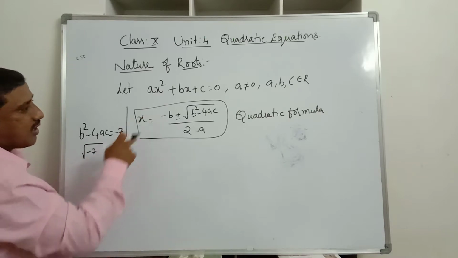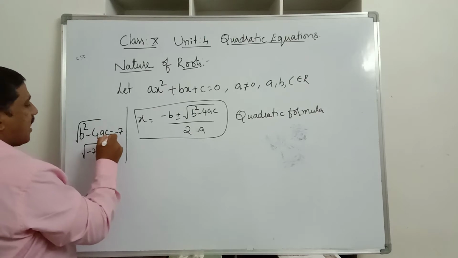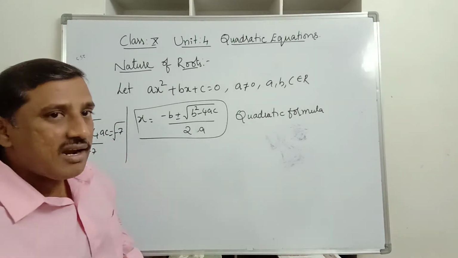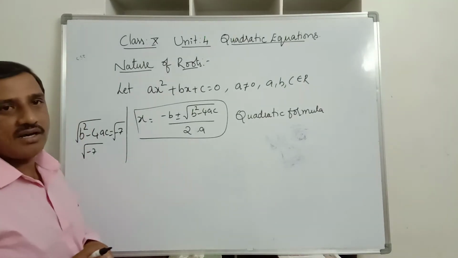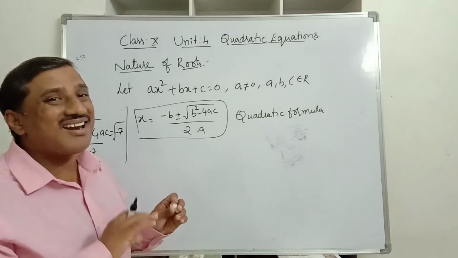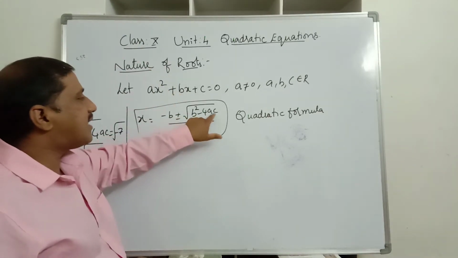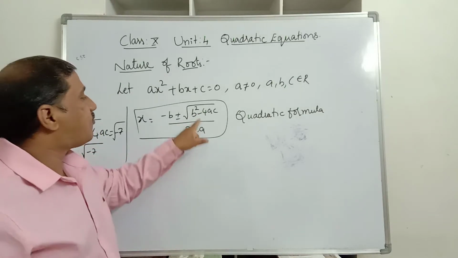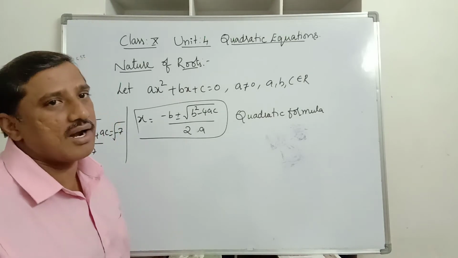Square roots of negative numbers give us non-real numbers. Those are known as imaginary numbers, or unreal roots, which we will study. As b square minus 4ac decides the types of roots, it is known as the discriminant of the quadratic equation.